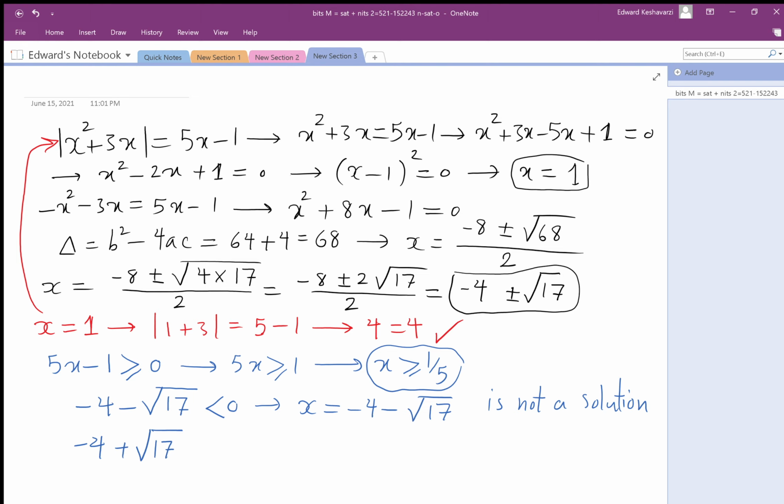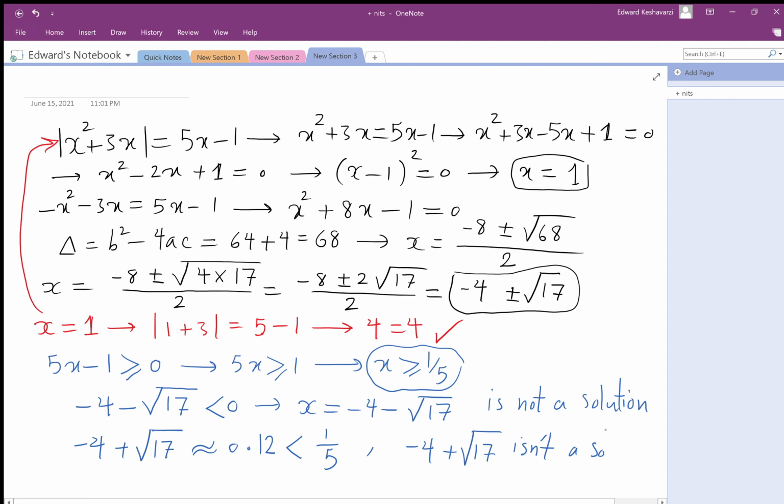This is why we simply use our calculator, and we'll see it's nearly 0.12, which is obviously less than 1/5. So this number also can't be considered as a solution. It isn't a solution.